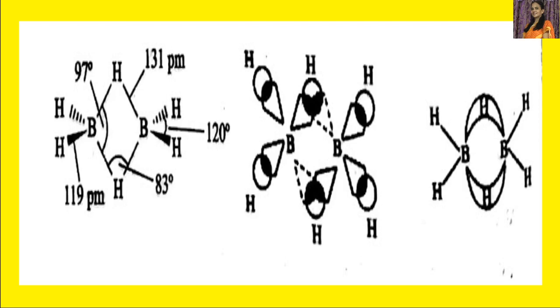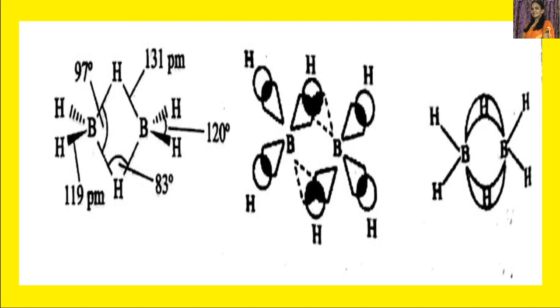So this hydrogen with one electron combines with the vacant sp3 orbital of this boron and the half-filled sp3 orbital of this boron to form a bond that is known as a three-centered, two electron bond.